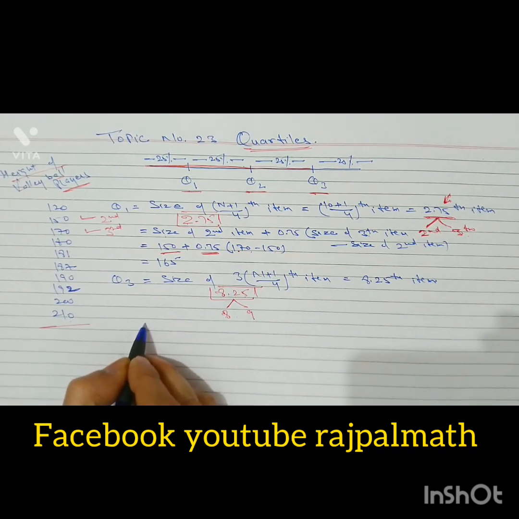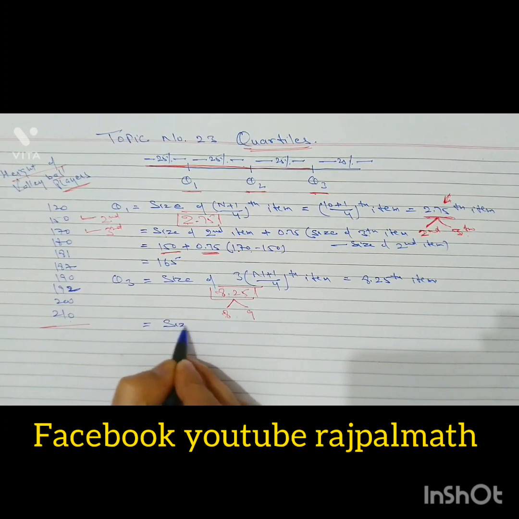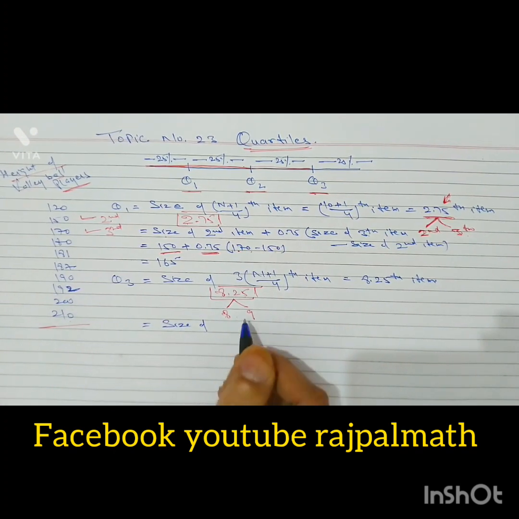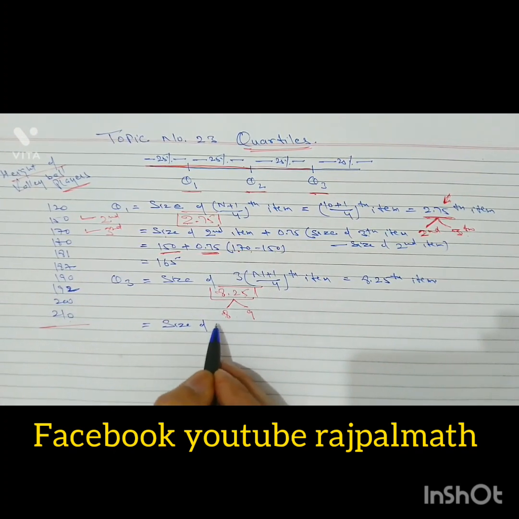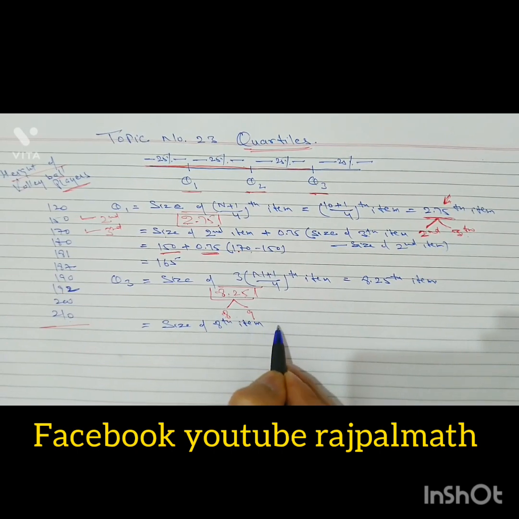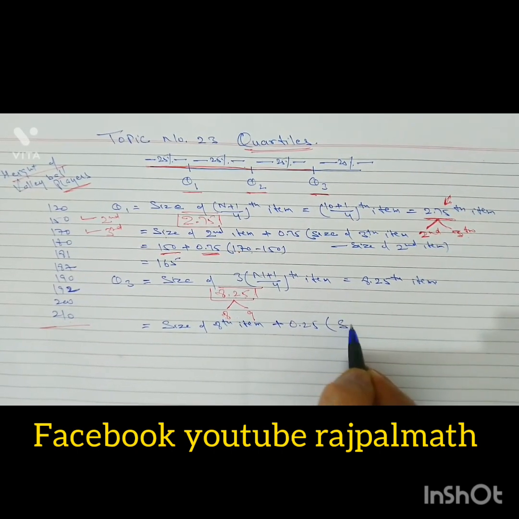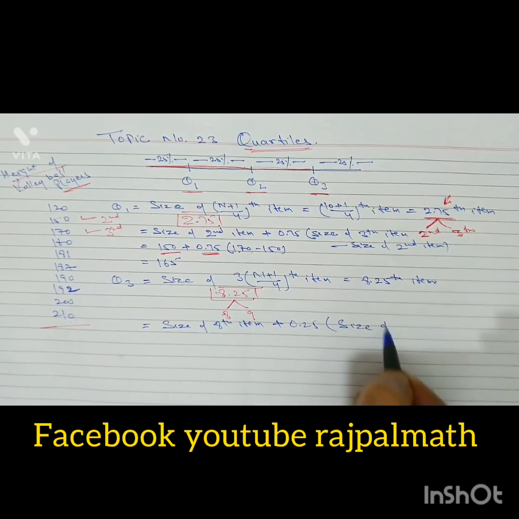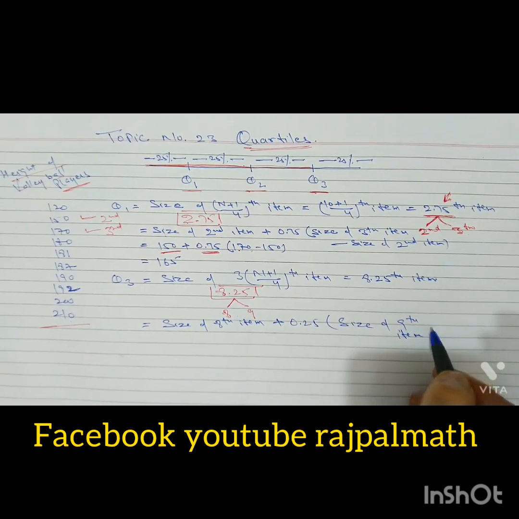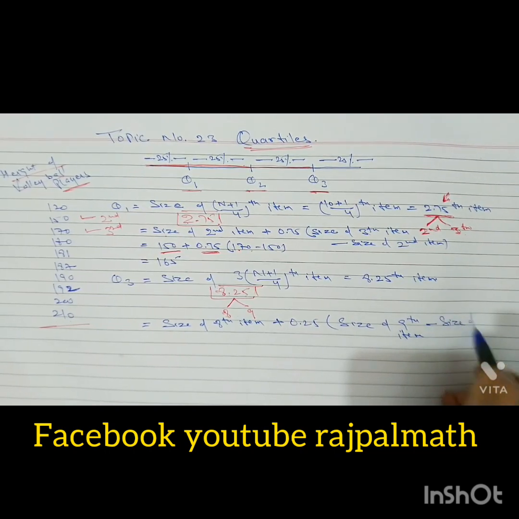Therefore the formula becomes size of 8th item plus 0.25 into (size of 9th item minus size of 8th item).